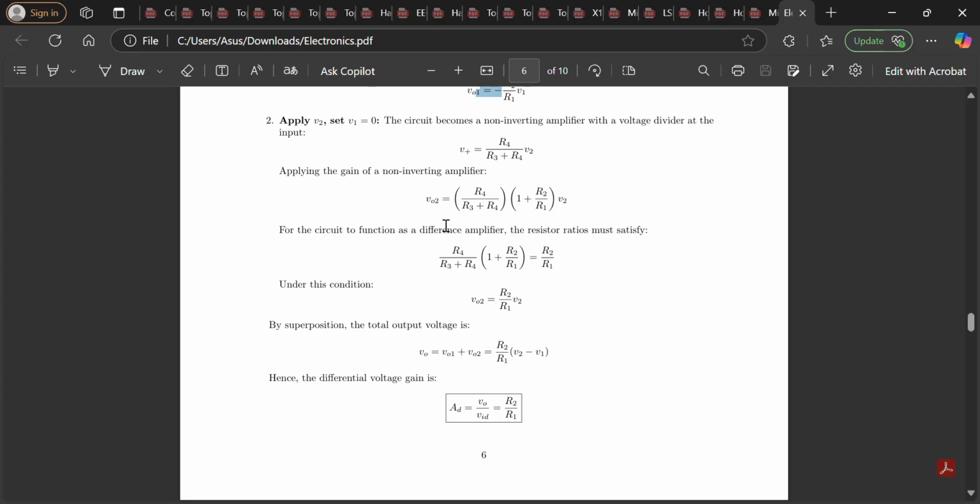So to ensure the amplifier performs true subtraction, these must match.